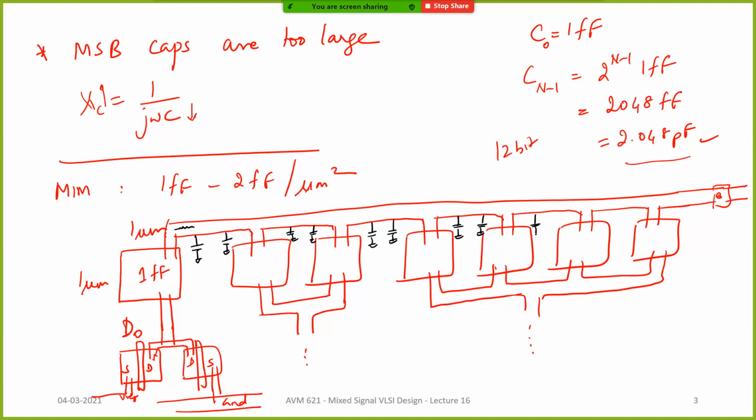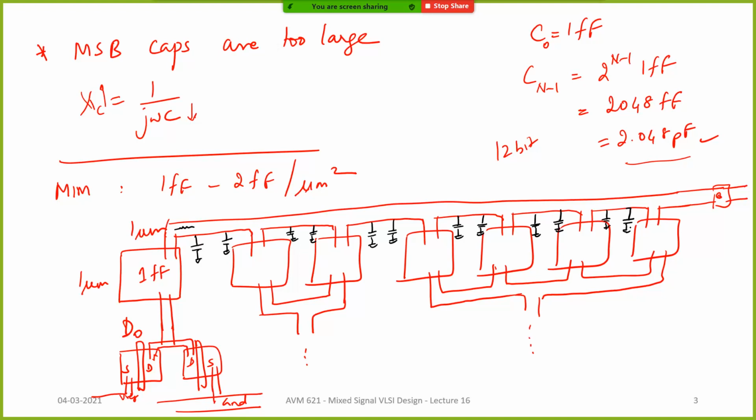It's not a lumped capacitance, it will be distributed, right? Because spatially this line is running for a longer distance, and for all this, I just drew 3 bits. Think of it in the scale of a 12-bit DAC. How many elements you will have and how they will all be connected together, right?